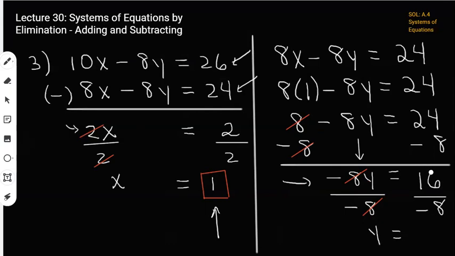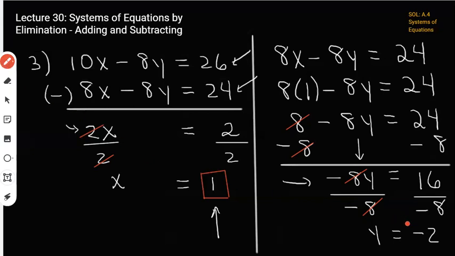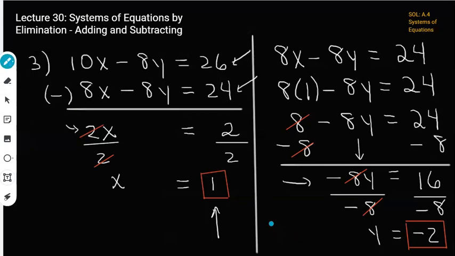The right side is going to be 16 divided by negative 8, which is negative 2. So that's going to be my answer for the y value. Now that I know what x and y are, I can finally write my ordered pair. Just make sure you put the x number first. So 1, negative 2. That's going to be my ordered pair.